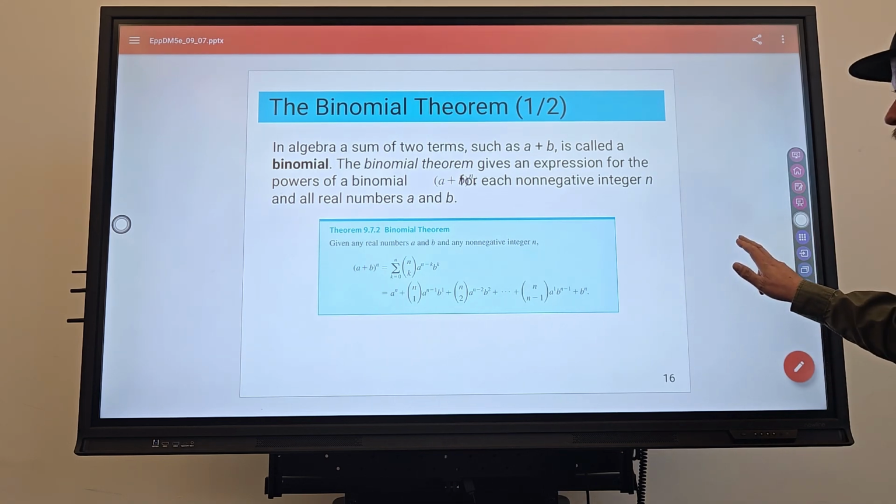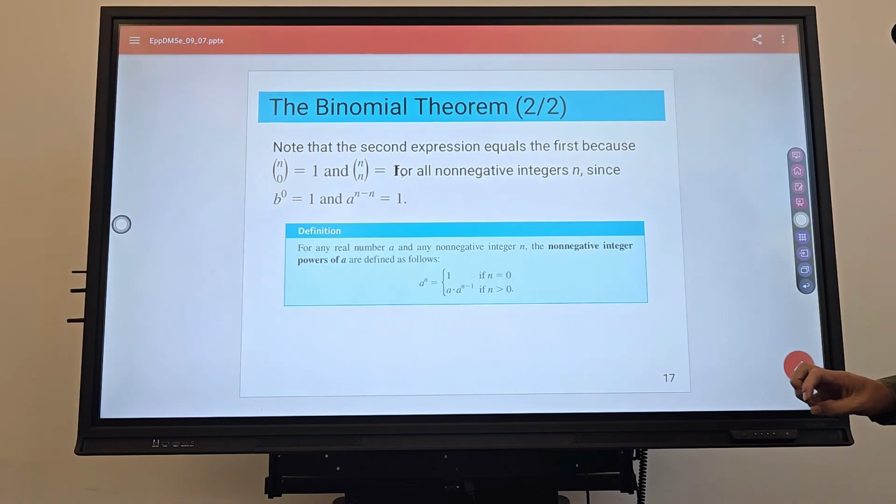So note that the second expression equals the first because n choose 0 equals 1, and n choose n equals 1 for all non-negative integers n, since b to the 0 is equal to 1, and a to the n minus n is also equal to 1.